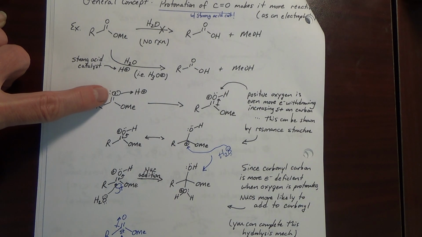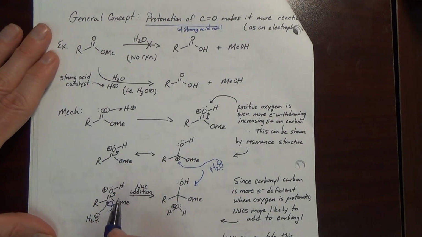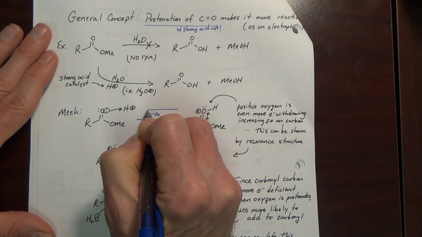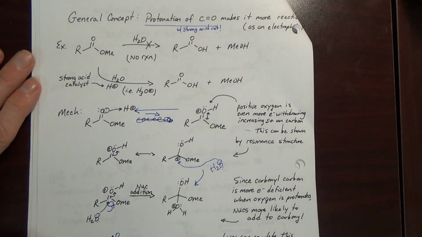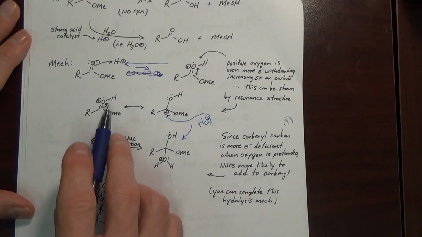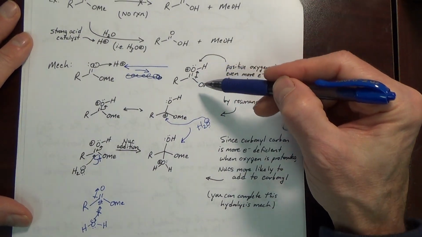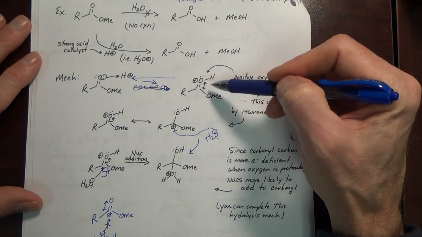It is weakly basic. And when you do protonate the oxygen, it's actually not a good equilibrium. The equilibrium actually looks like this. You're really only protonating maybe, I'd have to look at the numbers, but maybe 1 out of 1,000,000.